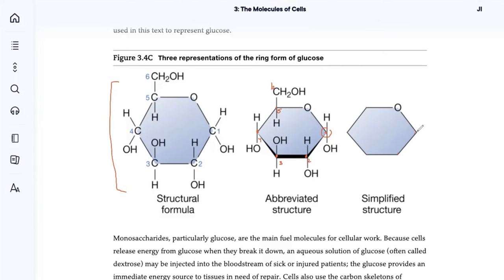So when you see long strands of hexagons, you should get used to the idea that that's not just a strand of hexagons. Each hexagon represents the molecule drawn out in its full glory, like the structure that we have over on the left. Okay, and that's the part that we are thinking about at this point.